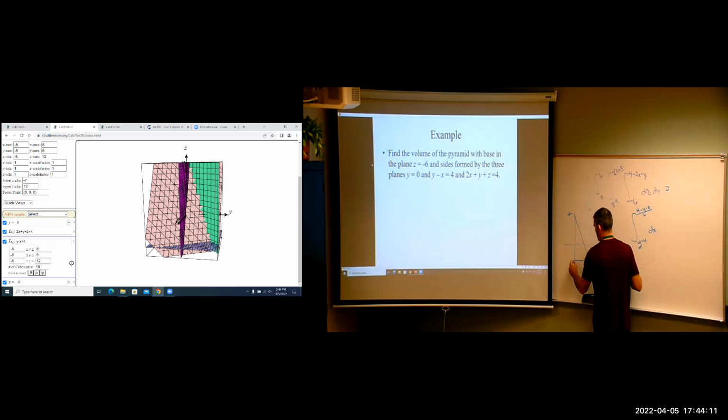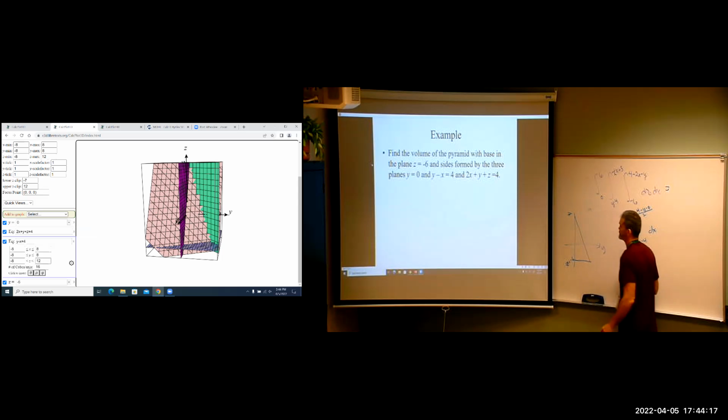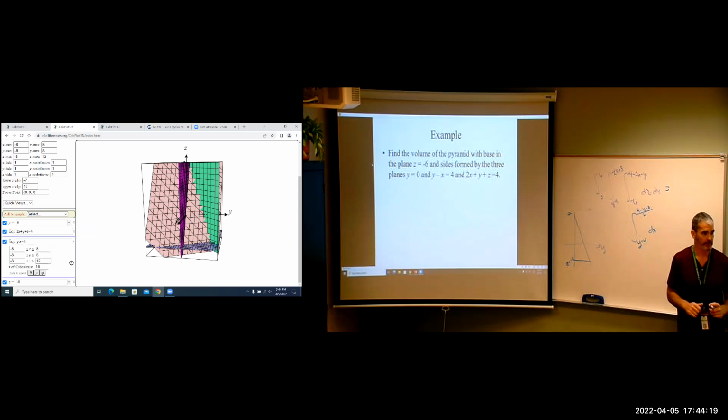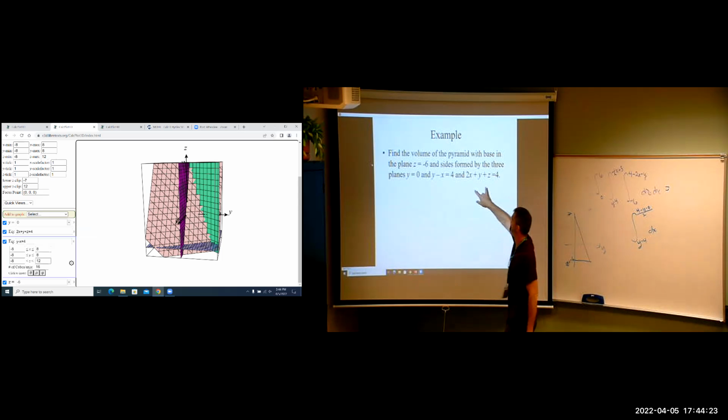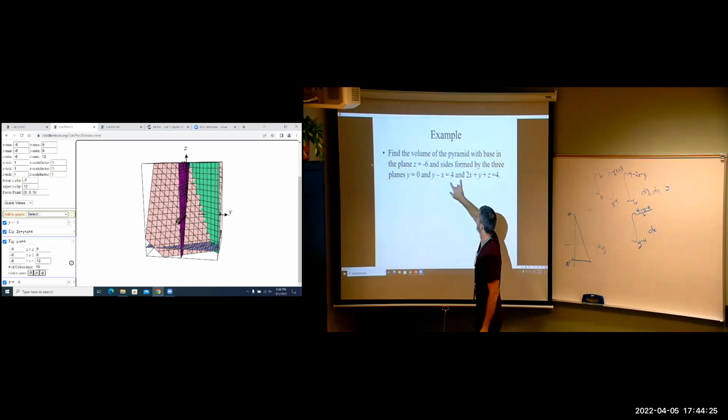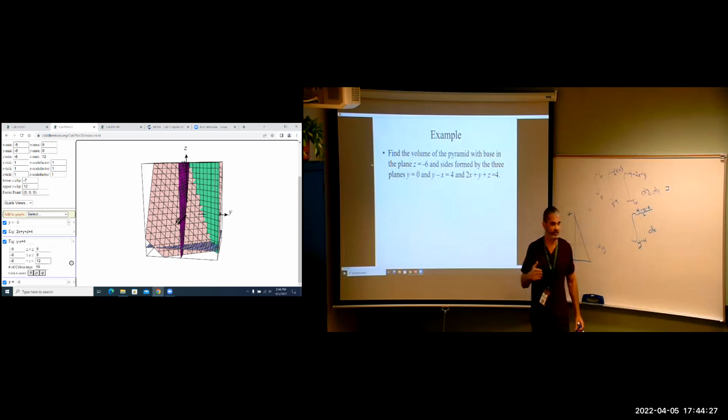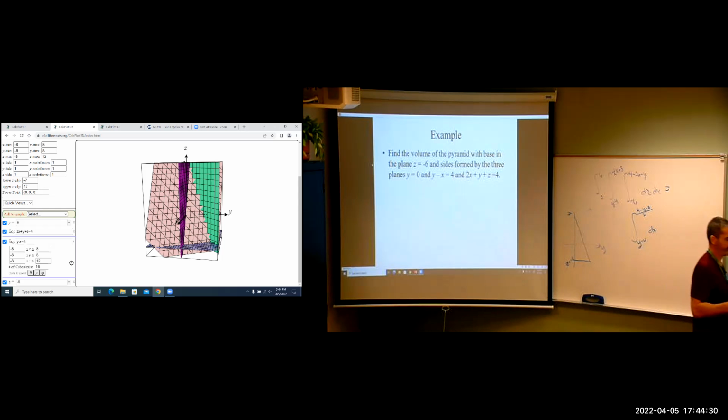And right there, that is z equals -6. Now it's the intersection of these two planes that's creating that line, and we want it in terms of y and z.